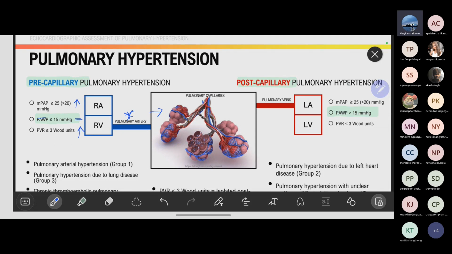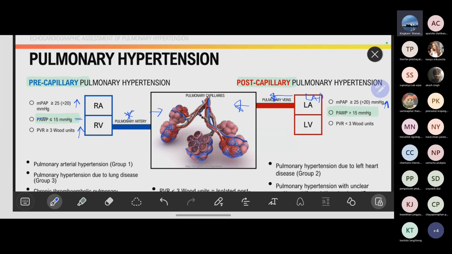Post-capillary pulmonary hypertension is a disease which affects an increase in LAP, and this goes backward to the pulmonary vein and pulmonary capillary, and leads to an increase in mean pulmonary artery pressure.